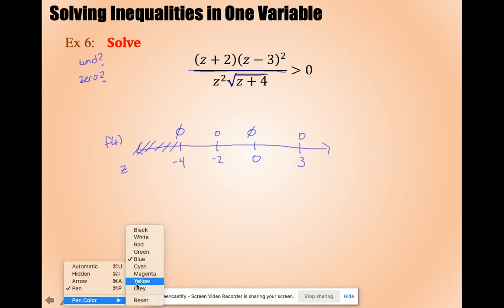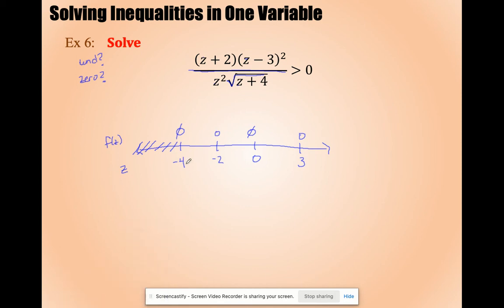So now I've got to pick values in between each one of these sections. I got to pick a number here, pick a number here, pick a number here, pick a number here, and evaluate.